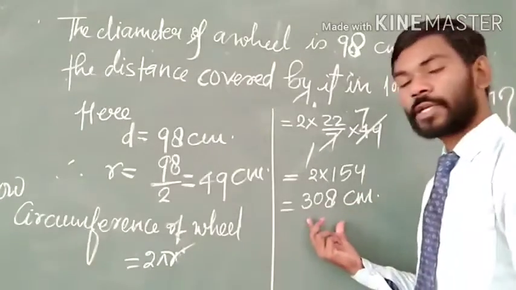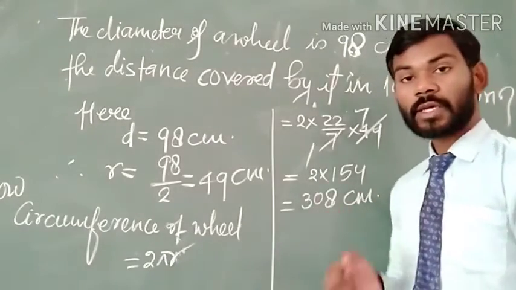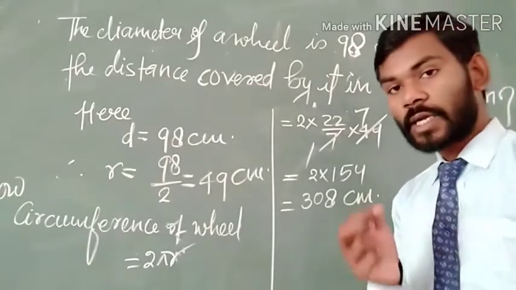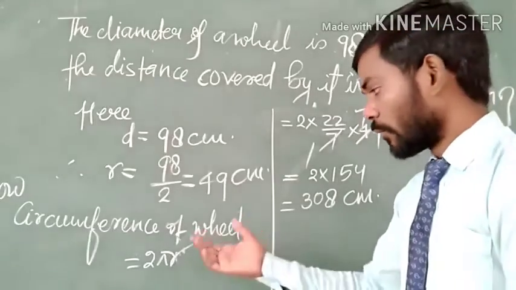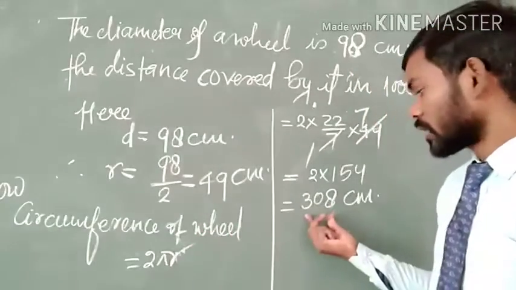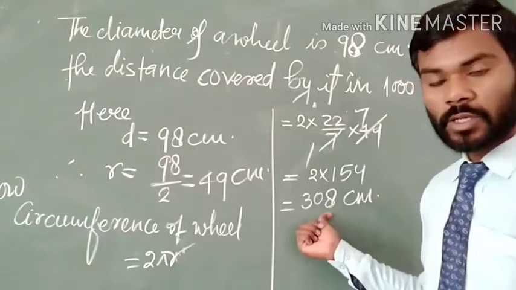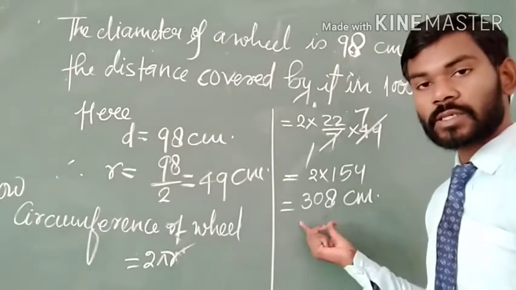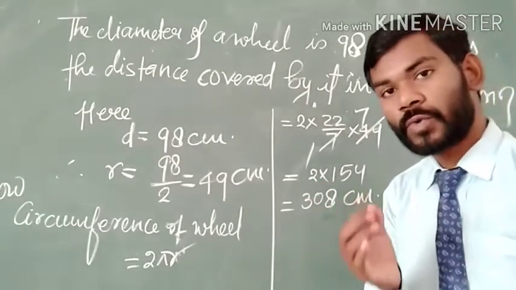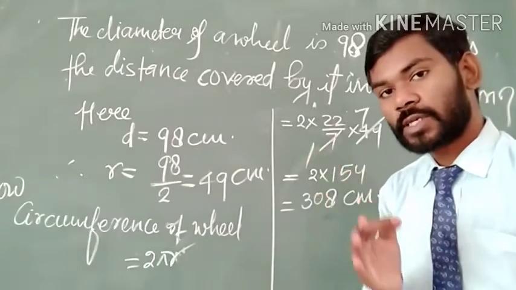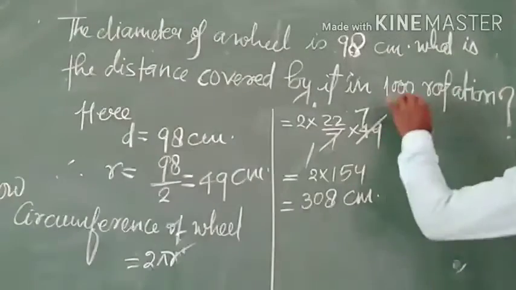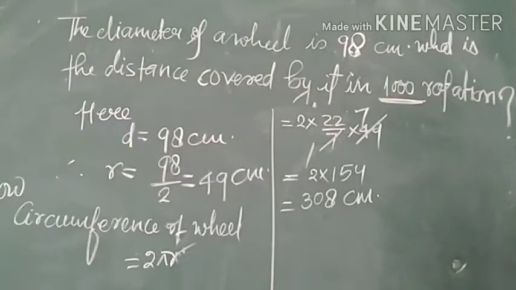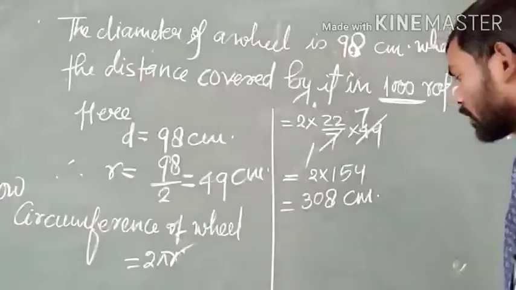So what is 308? 308 is the circumference of the wheel. Since it is the circumference of the wheel, this is the distance covered by the wheel in one rotation. But here we have to find out the total distance covered in 1000 rotations.